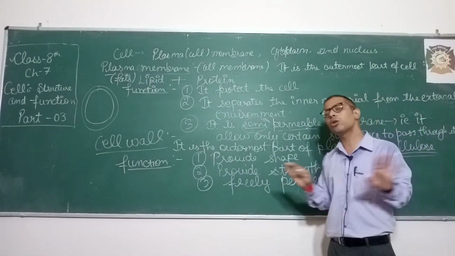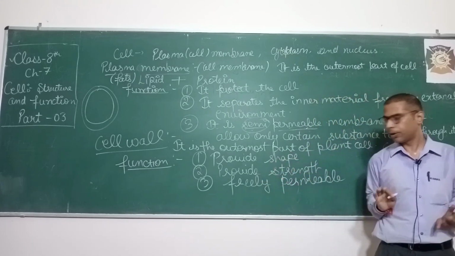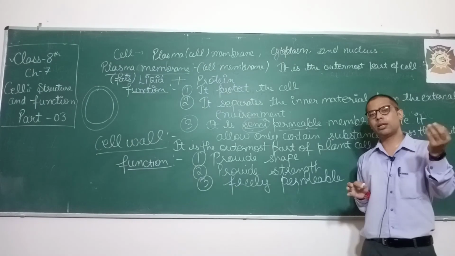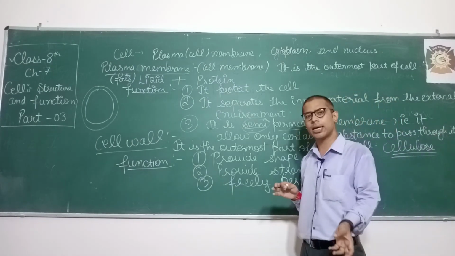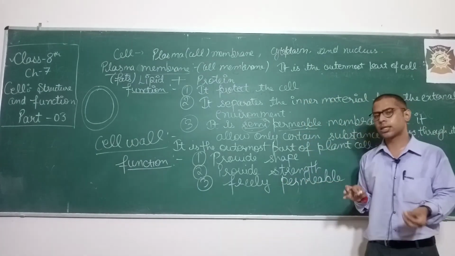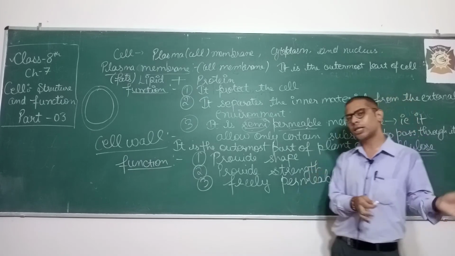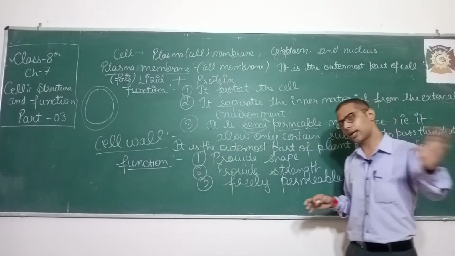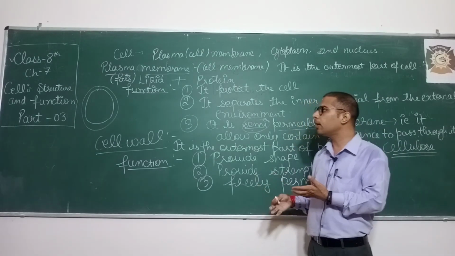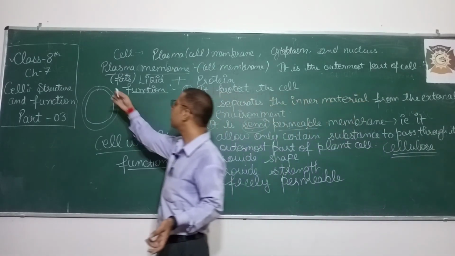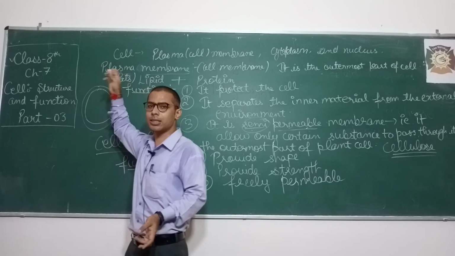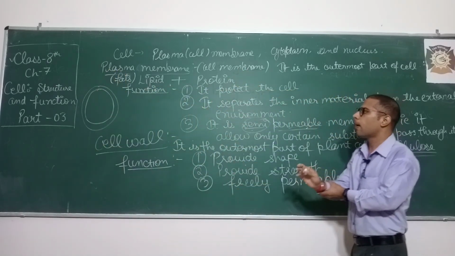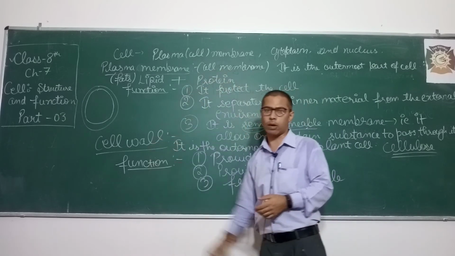Freely means no substance is stopped. The cell wall allows all materials, whether protein, amino acid, or whatever it is, to come inside the cell. It gives permission for all substances to come inside, but the main decision is made by the cell membrane. In this way you can study plasma membrane and cell wall.